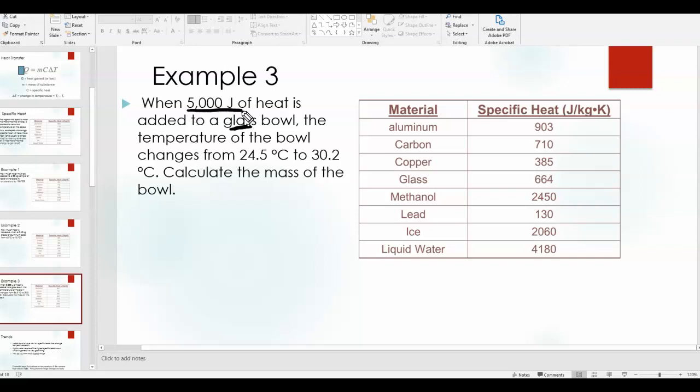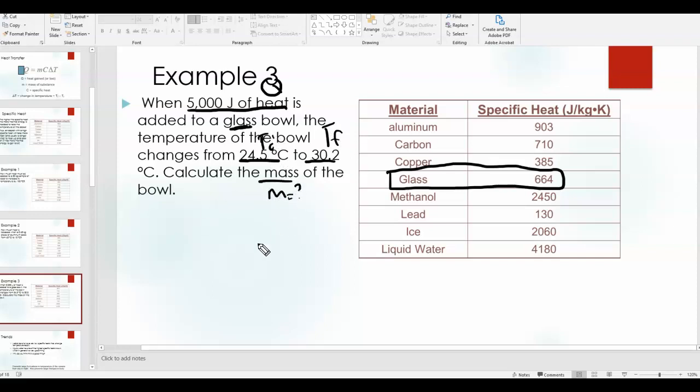Okay, so we have 5,000 joules of heat, so this is Q. We know it's a glass, so I'm using the specific heat value for glass, 664. And I have the initial temperature and the final temperature, so this is TF, and this is TI. I don't have the mass, which is my unknown.